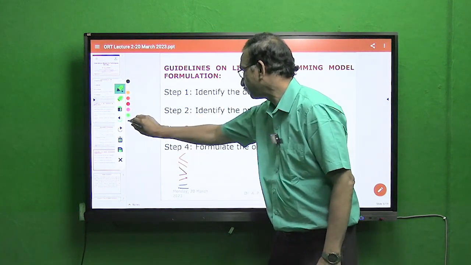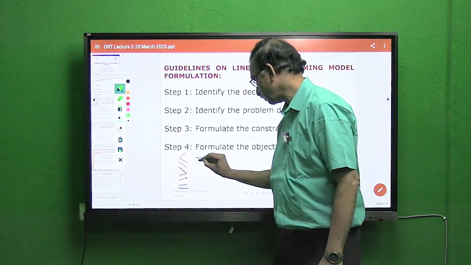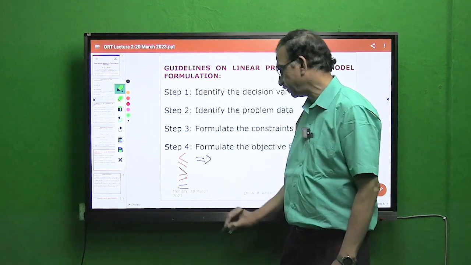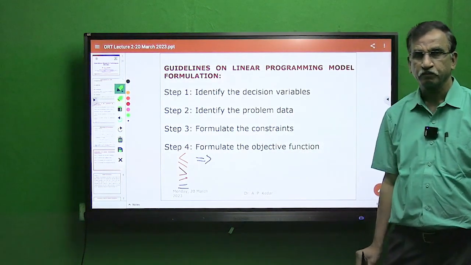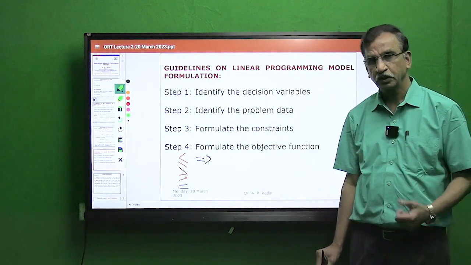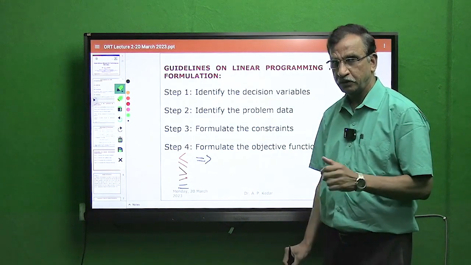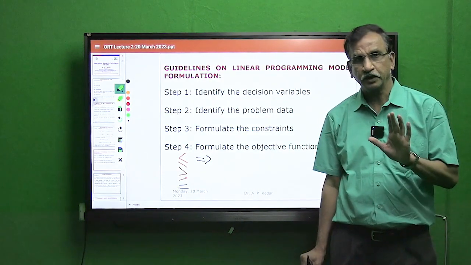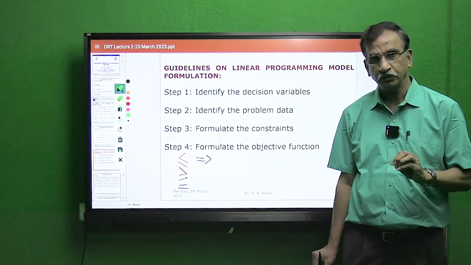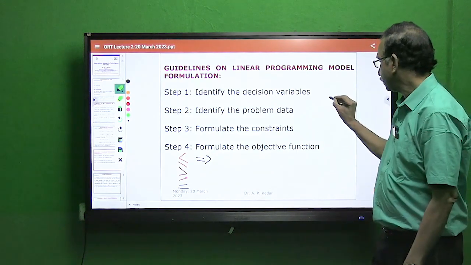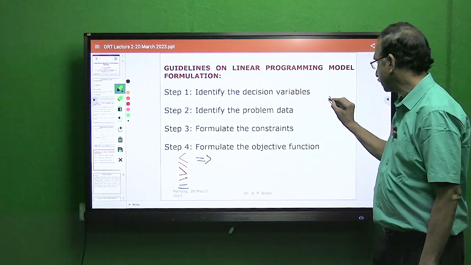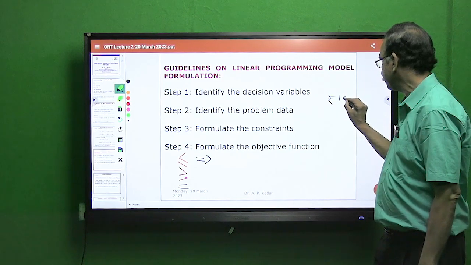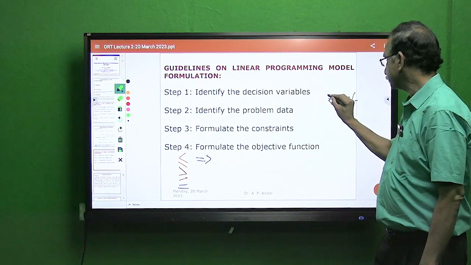I will explain this by a simple example. Listen to this example very carefully. Suppose I say that I am having 100 rupees with me. Right now I am having rupees 100 with me. This is my plain statement.